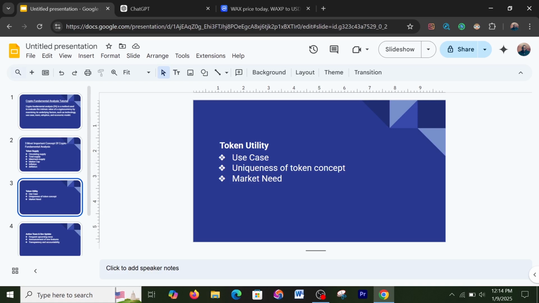Is there a demand for a solution that this particular token is willing to offer? Part of the reason why Ethereum blew up in price was because there was a need for a decentralized application ecosystem, and Ethereum was the first that offered developers the ability to build on its blockchain.